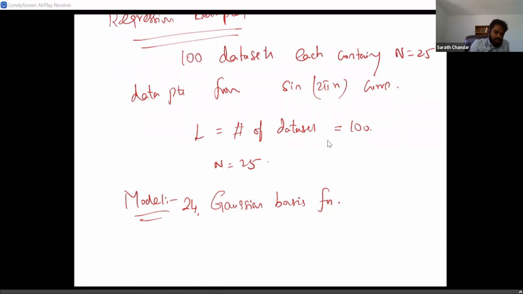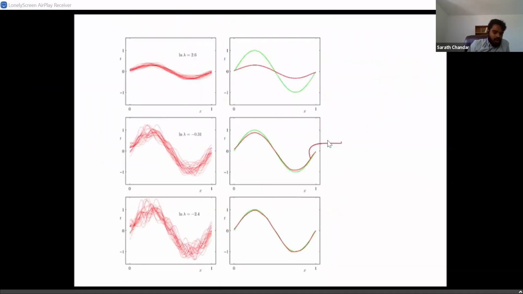Now you can see how the solutions look for different values of lambda in L2 regularization. At the top, lambda is large. When you have a larger lambda, you are aggressively regularizing, so the bias is going to be high.